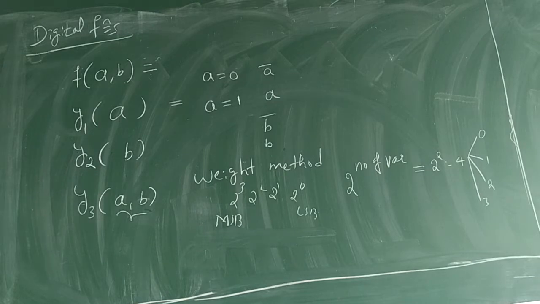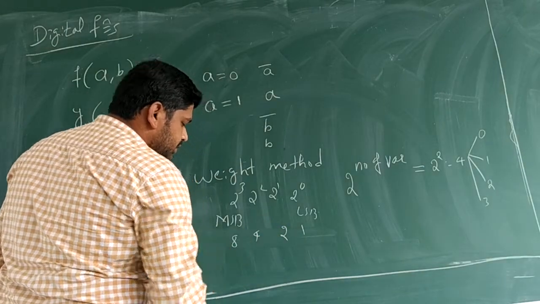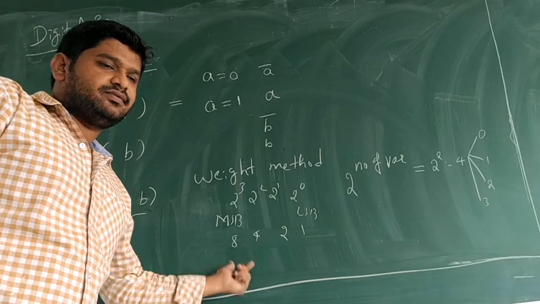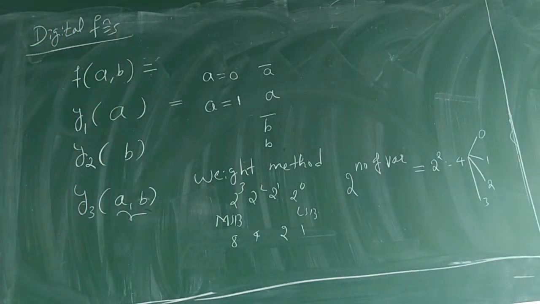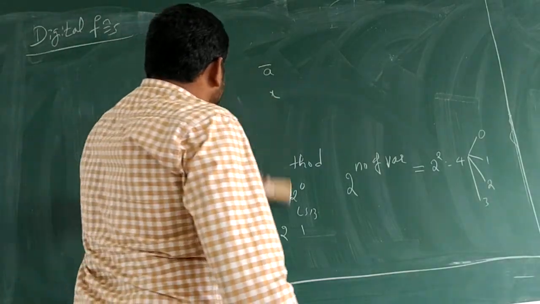That means weights 1, 2, 4, 8. So this is going to be the highest scale in the first module concepts.